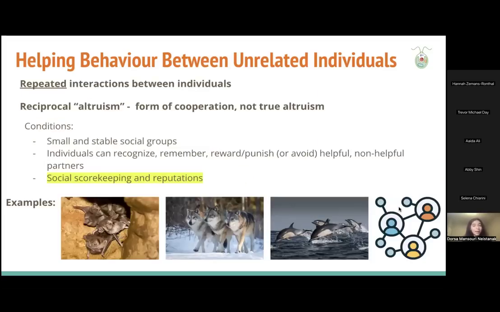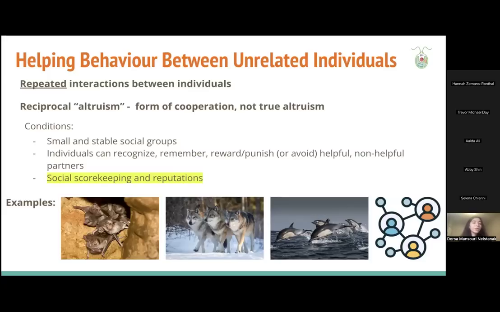Therefore, helping behavior between unrelated individuals is based on repeated interactions between them. This is also called reciprocal altruism. This isn't really intuitively named because it's actually not altruism, but a form of cooperation. The conditions for this to happen are that there need to be small and stable social groups, and individuals need to have the cognitive ability to recognize, remember, and as a result, reward or punish helpful or non-helpful partners.